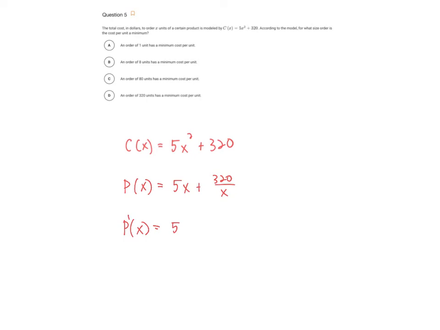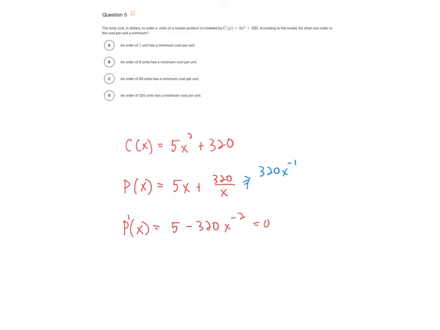And then keep in mind this function, and y'all are good at this, I think, but just that 320 over x, that's 320 x to the negative 1. Okay, so we'll set this equal to 0.